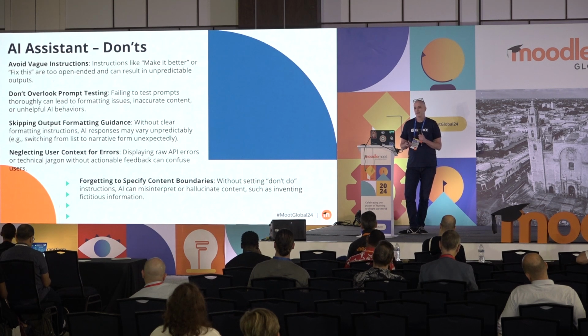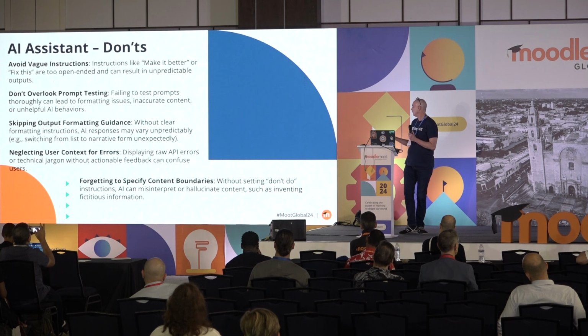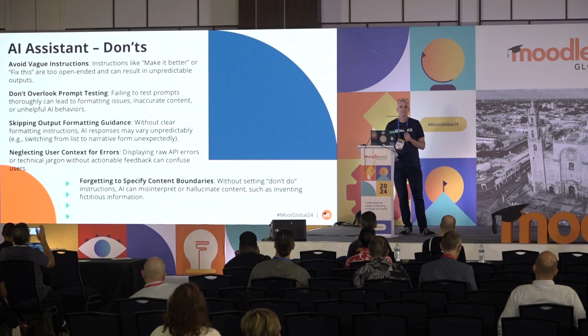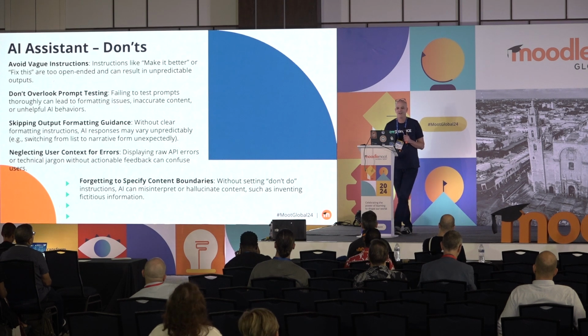Test things repeatedly. The last one is probably the most important. Set content boundaries. Don'ts are just as important as the do's. Write this, give me a... I had my example. This is what happens when you give a presentation after the party.